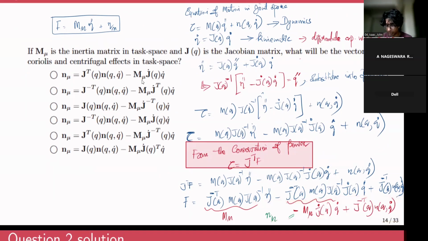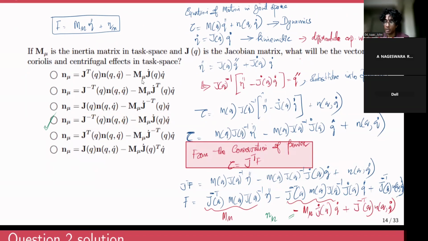So from this equation, looking at the MCQs, I believe the correct answer has this term over here and this term over here. I think it should be option D. Yes, that is the correct answer.